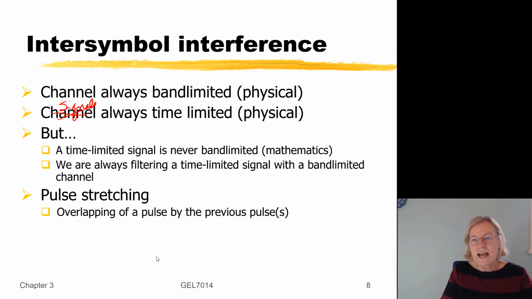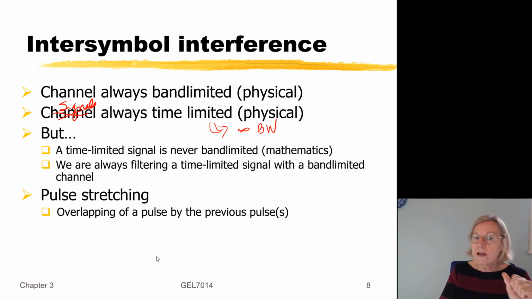And if signals are time limited, we have a problem, because that means they have infinite bandwidth. And therefore, we're trying to pass something with infinite bandwidth through something that's band limited. So that means we're always going to have some sort of cutting of our signal.